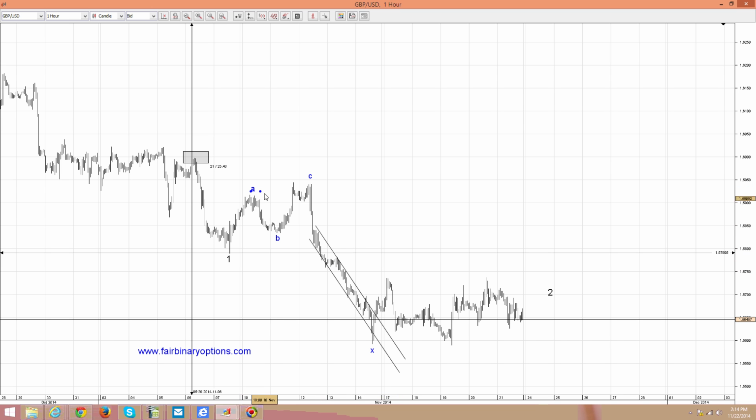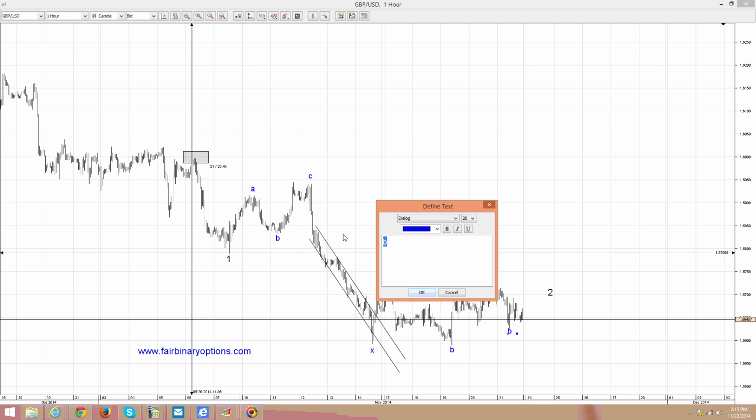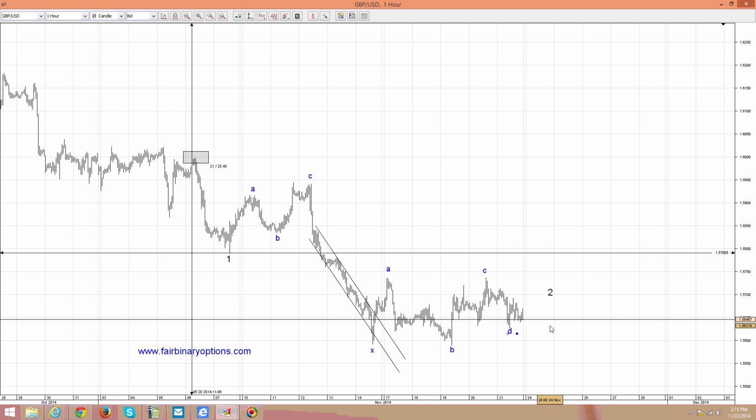And the contracting triangle goes wave A to the upside, goes the B wave to the downside, goes the C wave all the way down here, the D wave here, so A, B, C, D, and most likely now the E wave is going to be done here, maybe already completed, A, B, C, D, E, and this should be the end of a contracting triangle.